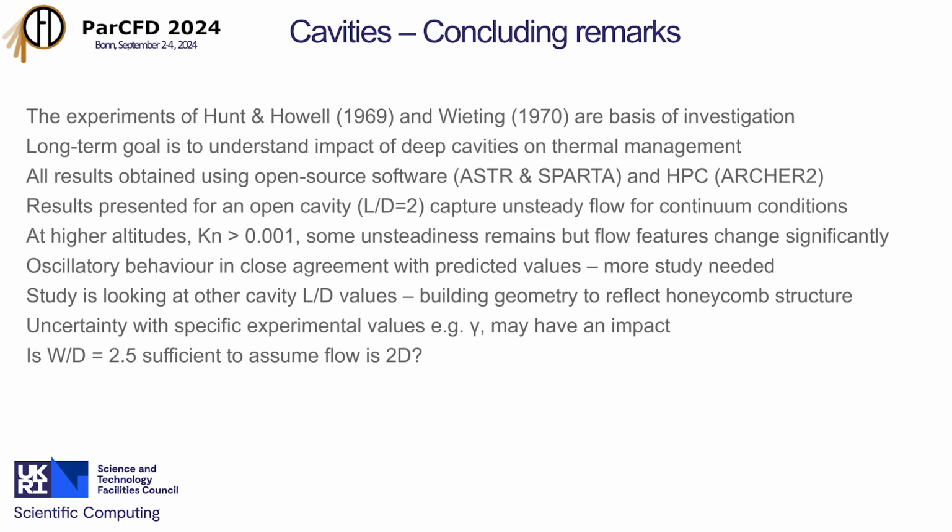All of the results are open source with the Aster code and Sparta. Both are available. Although this was primarily around the length to depth ratio of 2, which you've seen all the unsteadiness, we did do some earlier results and published those on the deeper cavity. And we've captured some of the different behavior we get at higher altitudes where the Knudsen number is important.